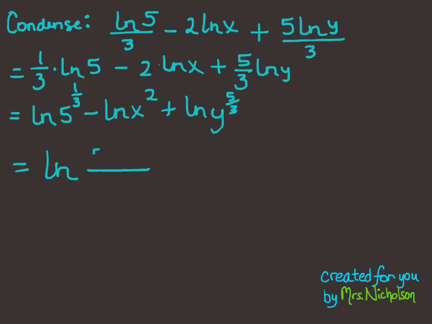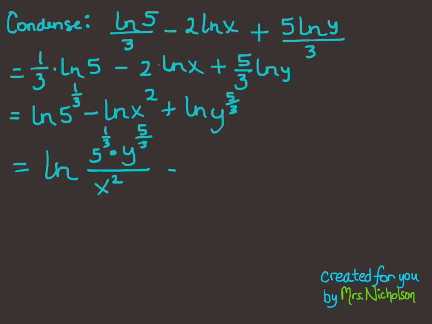And so I'm going to rewrite this as division. 5 to the 1/3 is on top, x squared goes on bottom. And then with my last log term, it's being added. And if you're adding exponents, that means you must be multiplying. So I'm going to multiply this on the top times y to the 5/3 power.